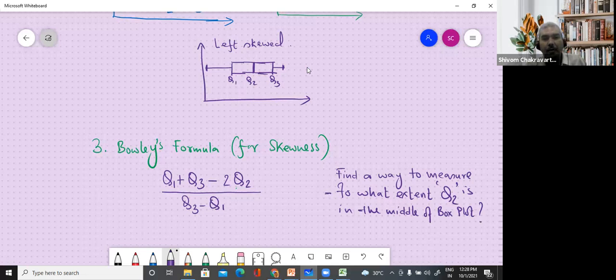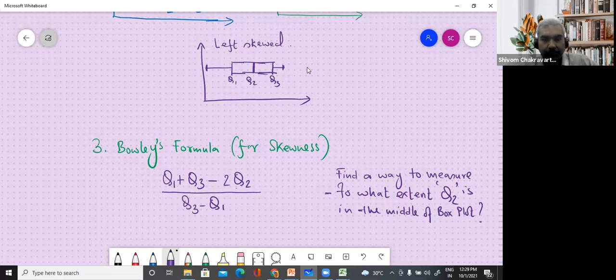This is Bowley's formula for skewness. Look at the numerator. If Q2 is exactly at the center, you will see that the numerator becomes 0. And that is how it should be for the skewness of a symmetrical graph. In a symmetrical graph, Q2 is exactly in the middle.